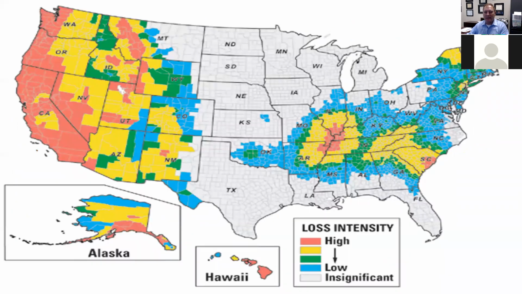And if we look at the areas that are most susceptible to earthquakes and earthquake damage, the areas that I don't think would surprise you, all of the West Coast, state of Washington, Oregon, California, a little bit into Nevada, Idaho, Montana, Wyoming, Utah, Arizona, New Mexico.